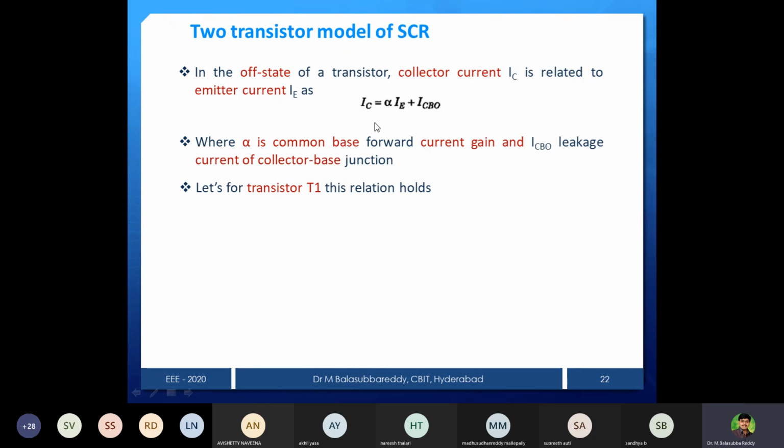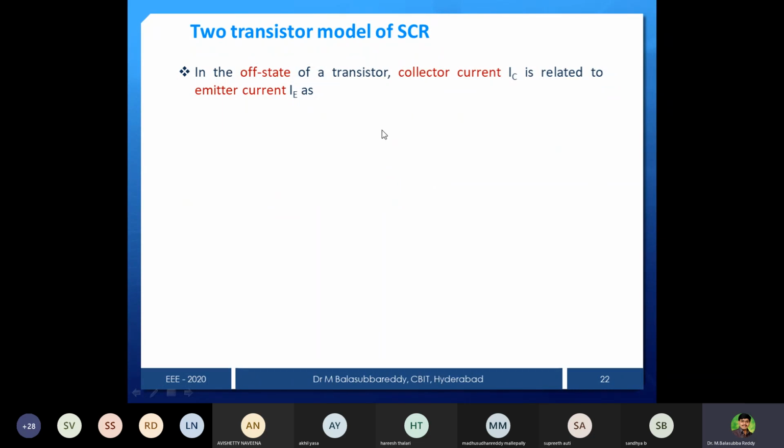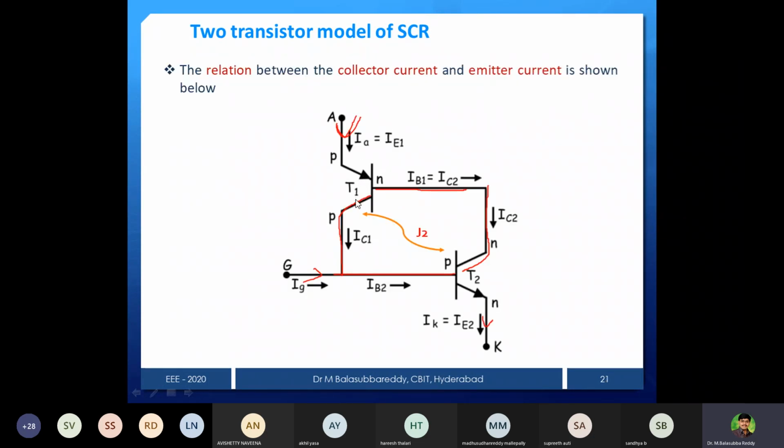If I consider transistor 1, then I can represent IC1 is equal to, for transistor 1, the gain I call alpha 1, and the leakage current I call ICBO1, and there is an emitter current. What is the emitter current in transistor 1? This is nothing but the anode current only, because this is the emitter current.